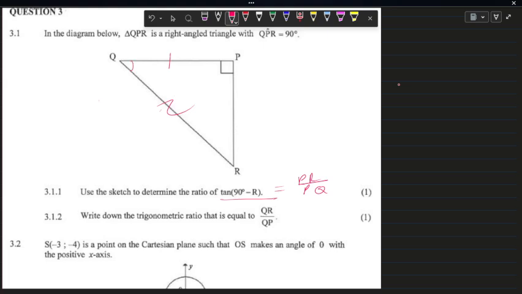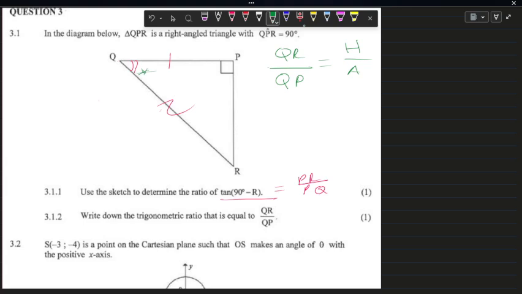We can look at this from the perspective of angle Q or from the perspective of angle R. From angle Q, QR is the hypotenuse and QP is the adjacent side.